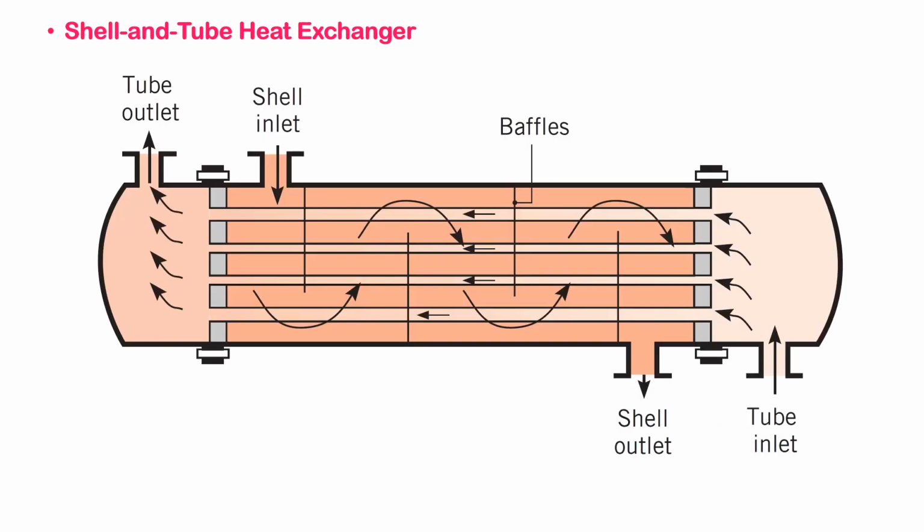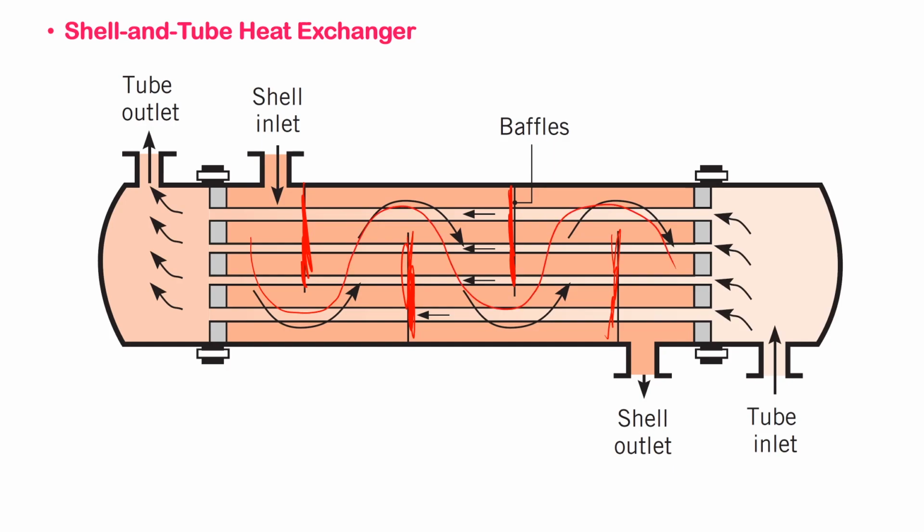If you want to take a look at further details of shell and tube heat exchangers, we have some other elements that we may need to consider. For instance, we have baffles here. The reason for the existence of the baffles is to direct the flow around the tubes.